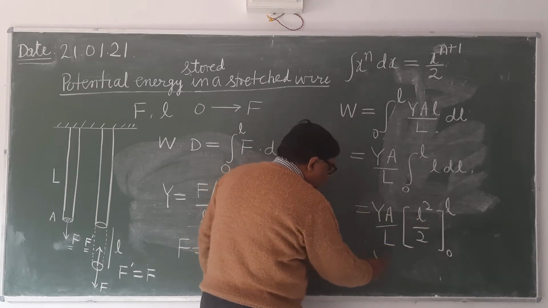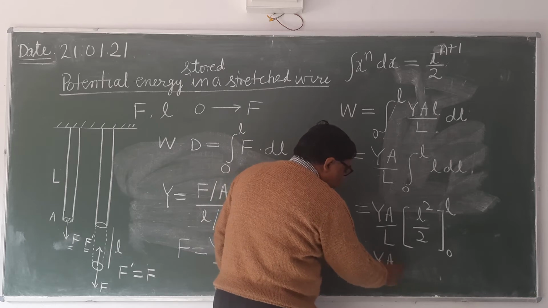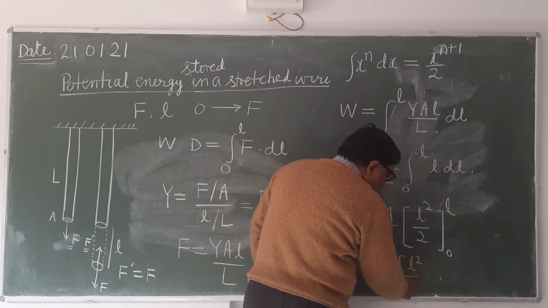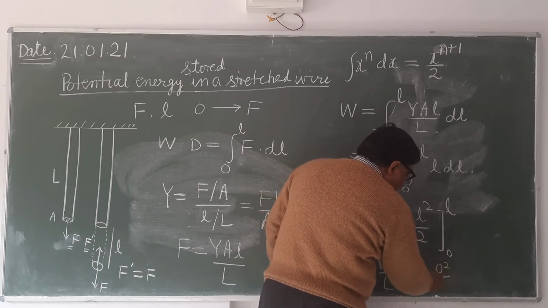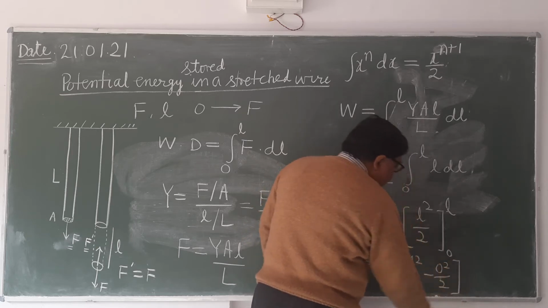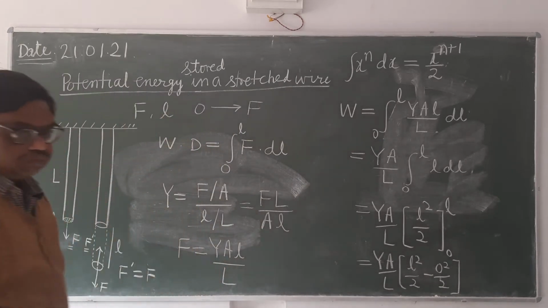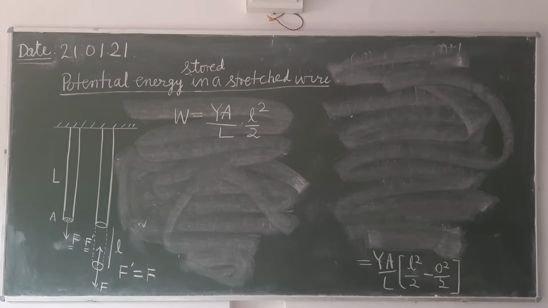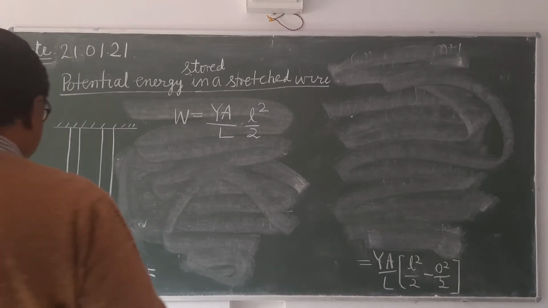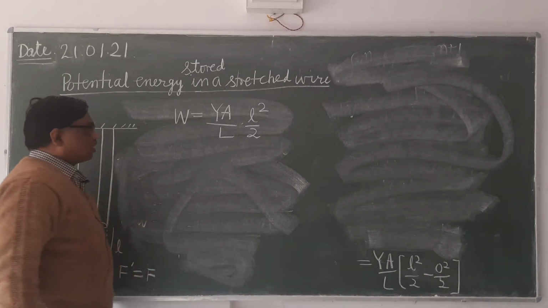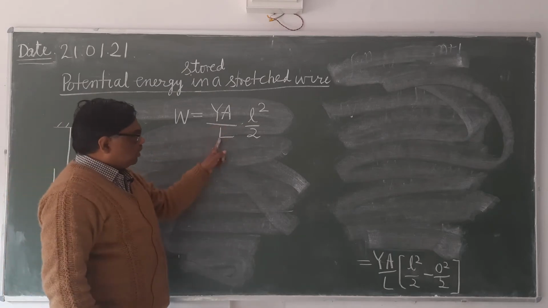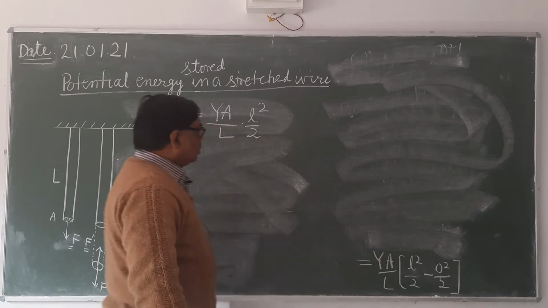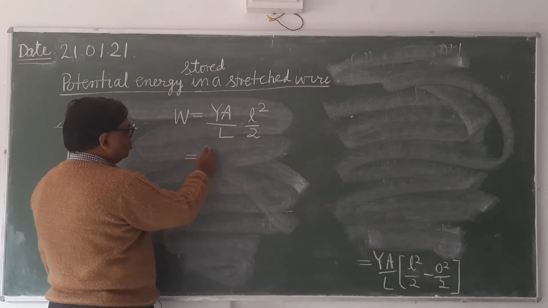So when you simplify, it becomes y into a into l, and within bracket L square upon 2 minus 0 square upon 2. Now you can see here what will be the work done. It will be equal to y a upon L into L square upon 2. That will become 0. Now we will rearrange the terms.